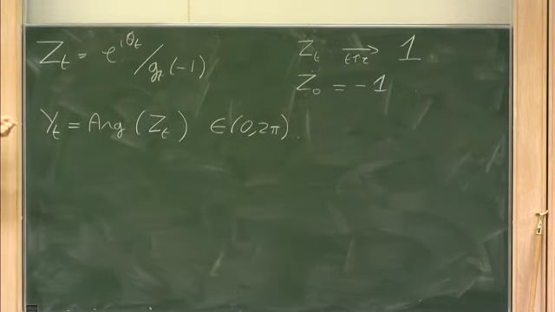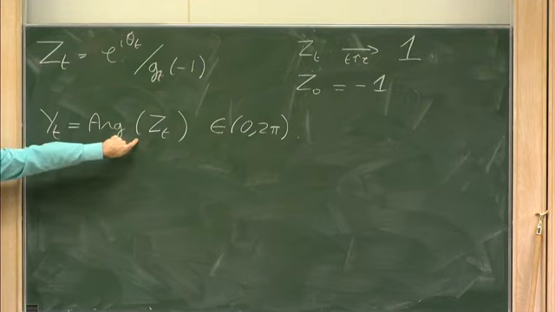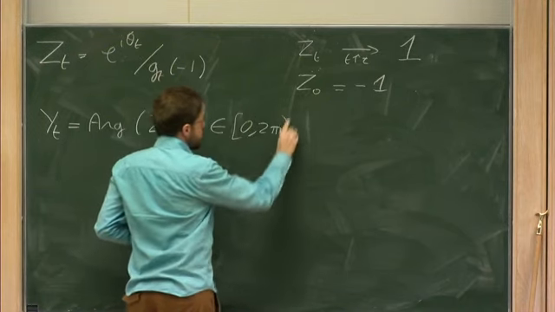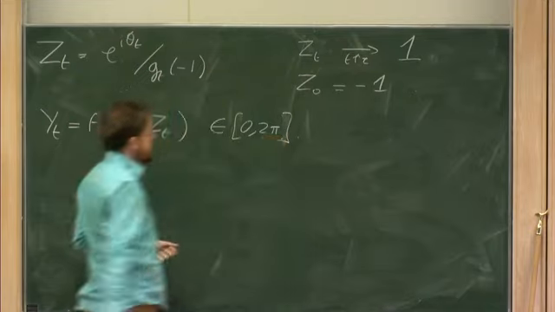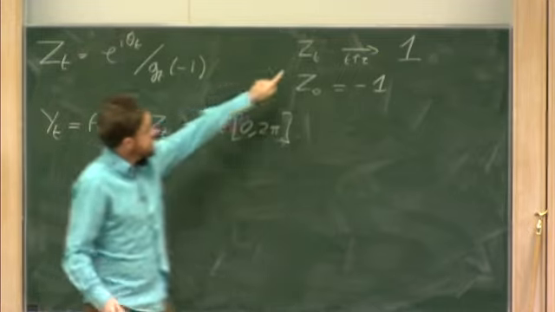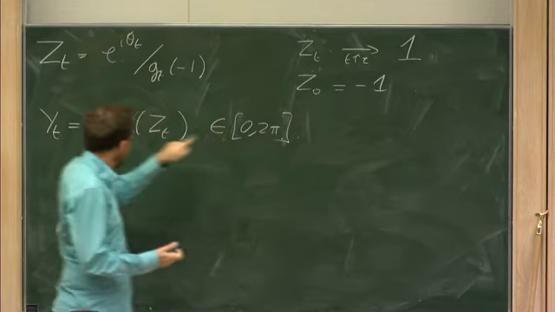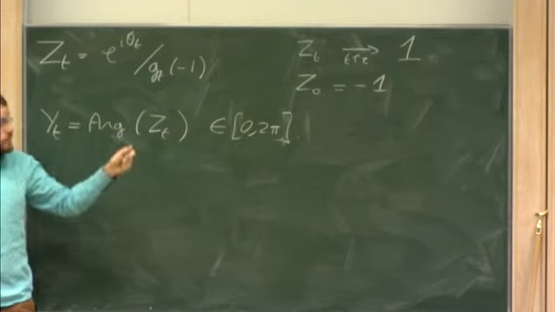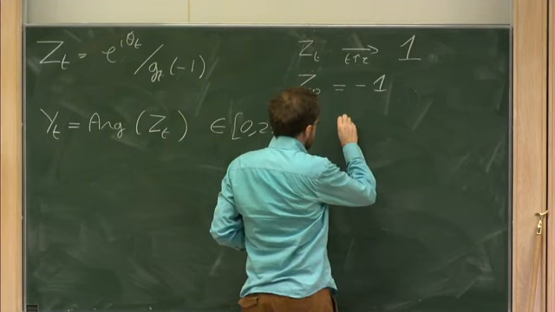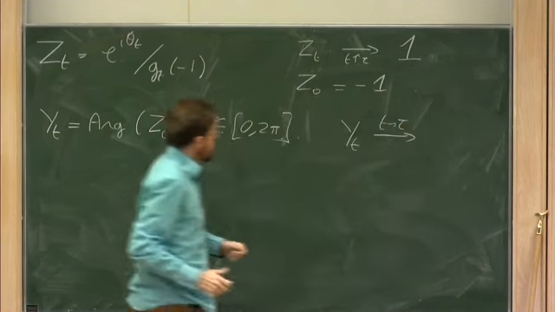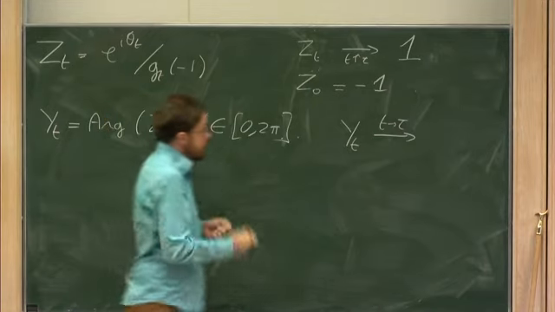So there's a unique definition of the argument of zt between 0 and 2 pi. For the moment, take a closed interval. So this is a process which lives in [0, 2 pi]. And the moment that zt reaches 1 is exactly the moment where yt reaches either 0 or 2 pi. So yt, as t goes to tau, goes to either 0 or 2 pi.